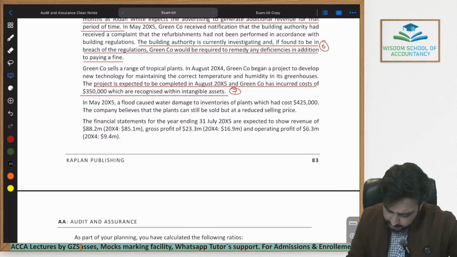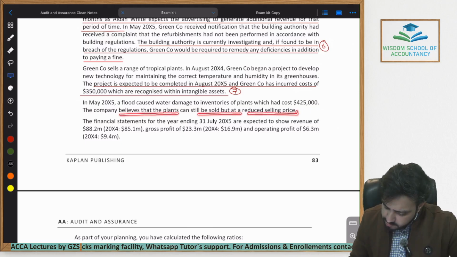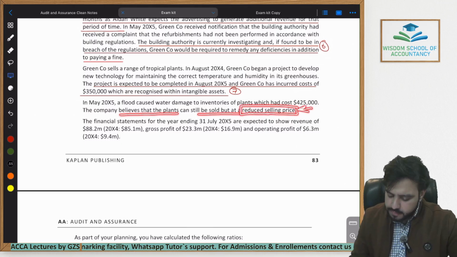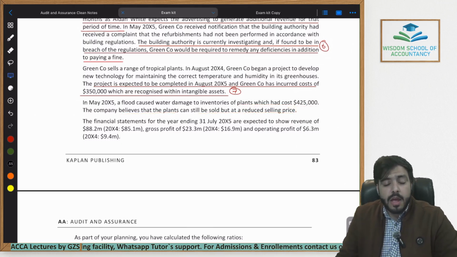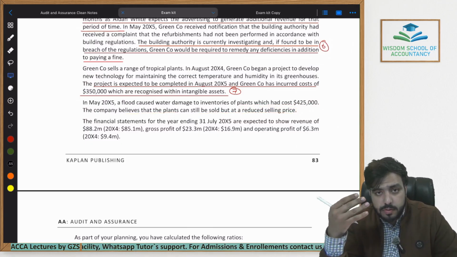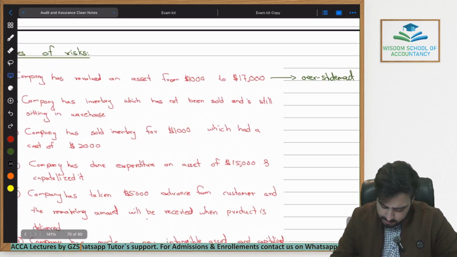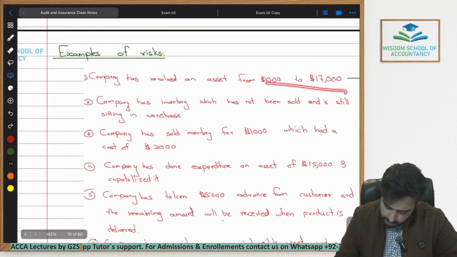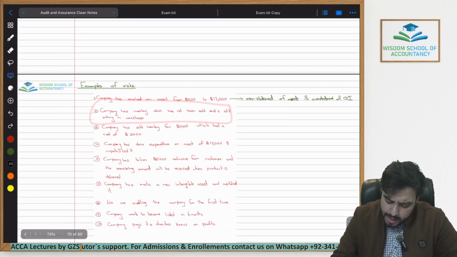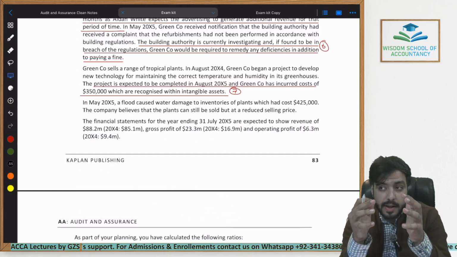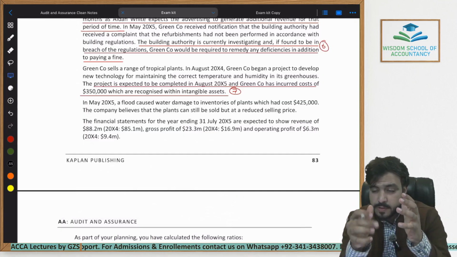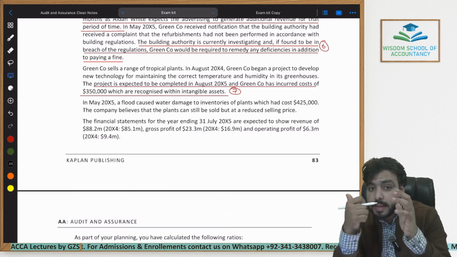Let's read it first. The company believes that the plants can still be sold but at a reduced selling price. The company has said it itself: the selling price would be reduced. As I told you in the previous lecture, whenever an auditor sees that the price of something is being reduced in the market, think of IAS 2.